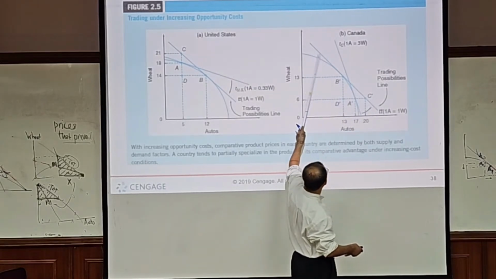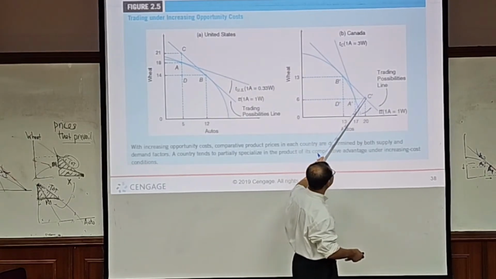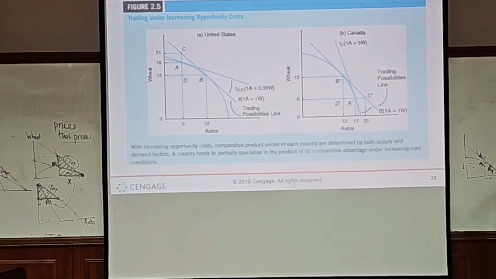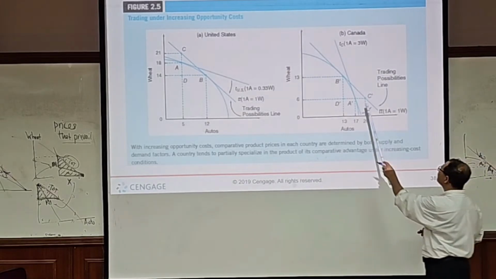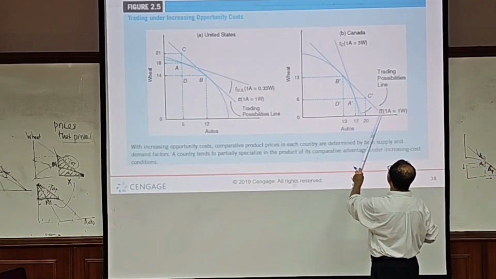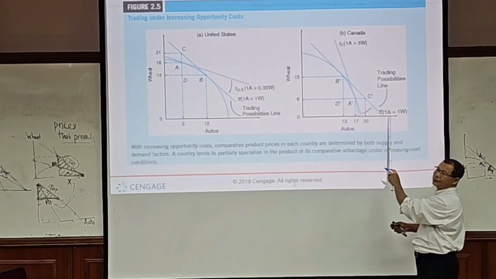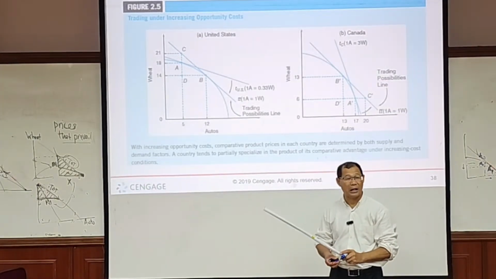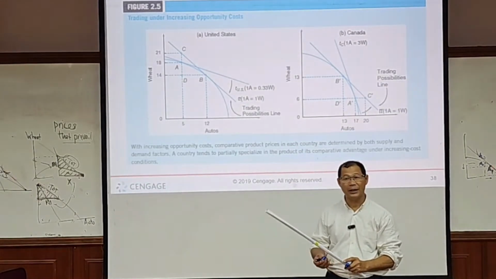This is the C. Yeah, I draw there. So I can draw here C. BC. So, now, 1 wheat equals auto. Auto now becomes cheaper.